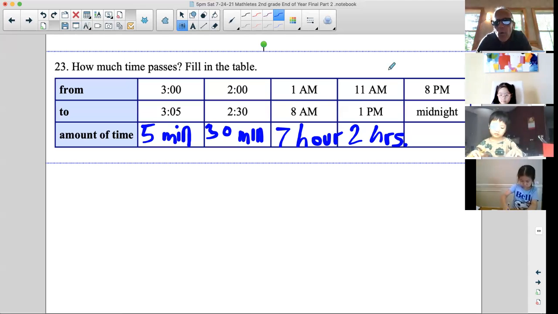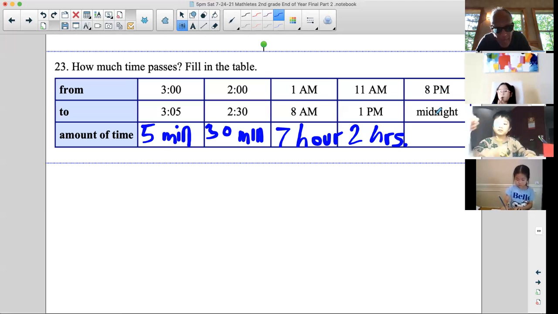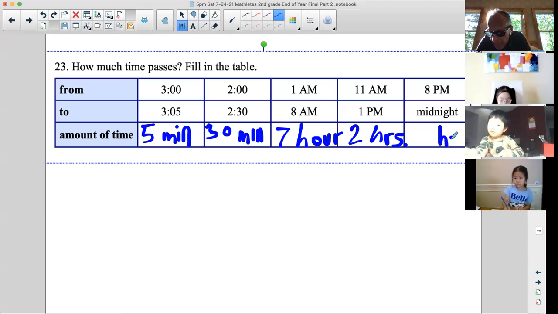2. Now, write down the last one. 8 p.m. to midnight. So you have 8 p.m. You go 9, 10, 11, 12 p.m. is midnight. How many hours do we have?